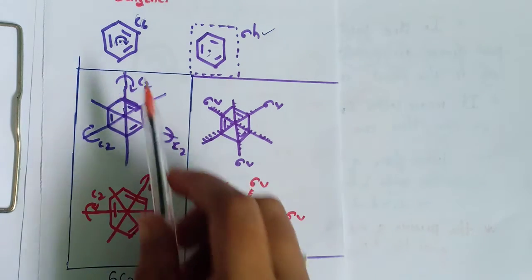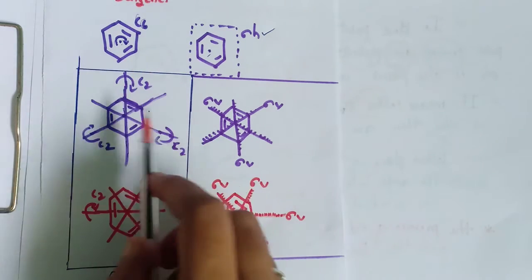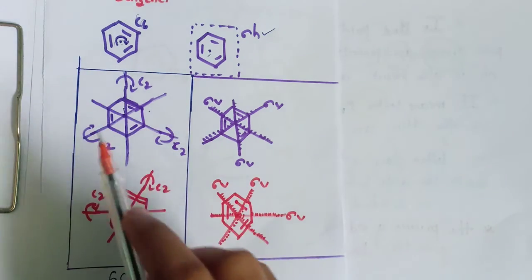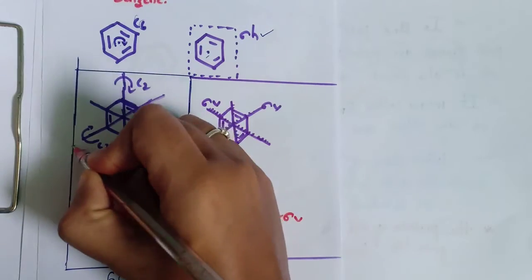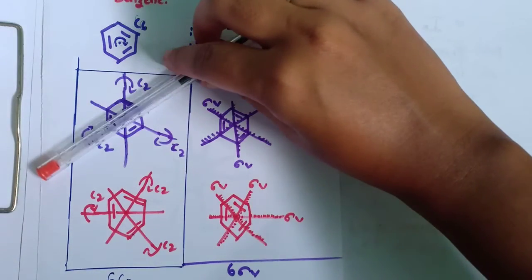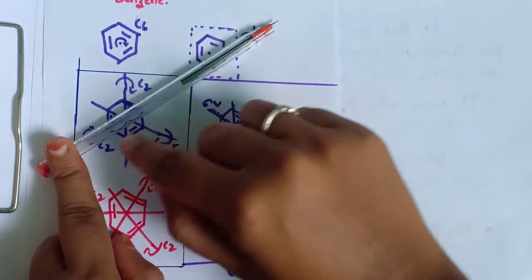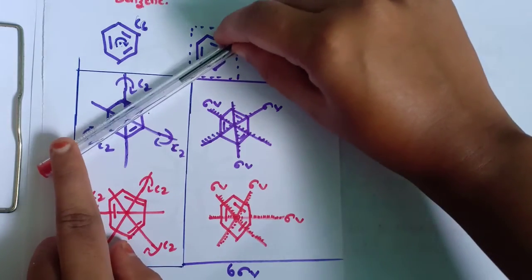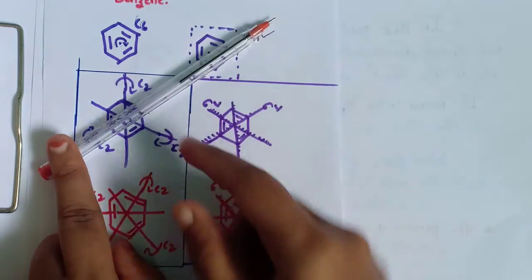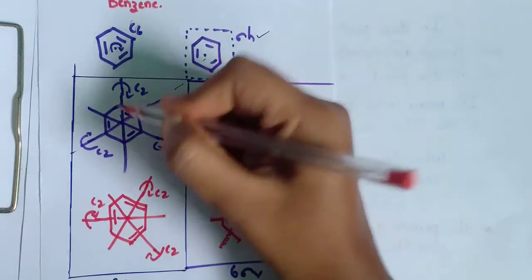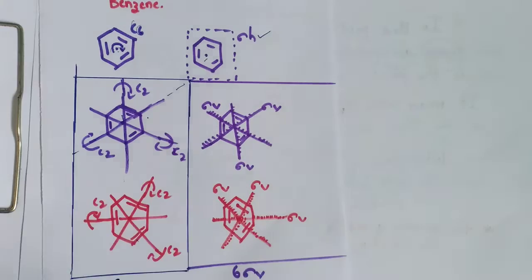If I rotate by 180 degrees again, this part which was here will come back to its original position. So it is one of the C2 axes, and it is another C2 present in this benzene.